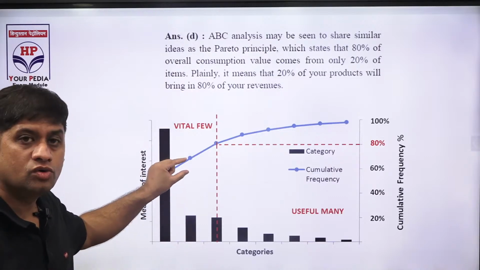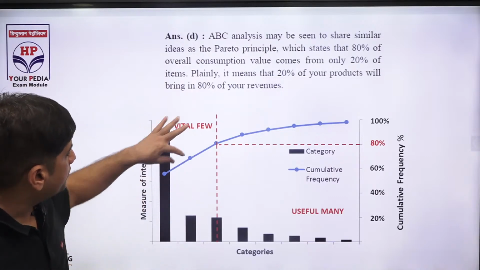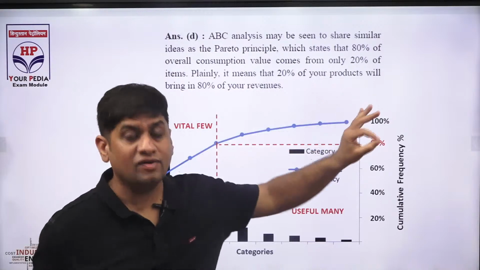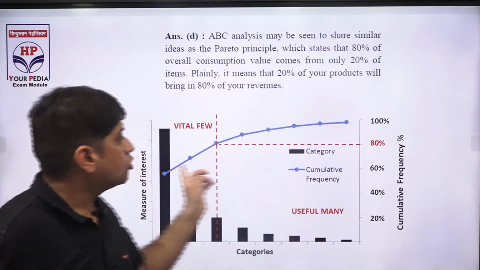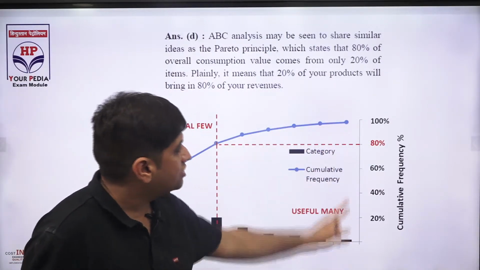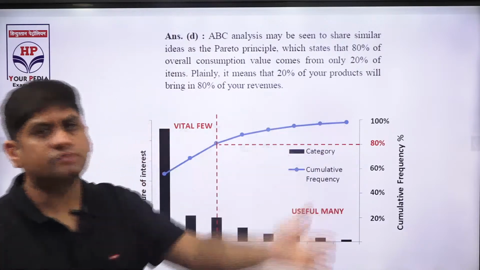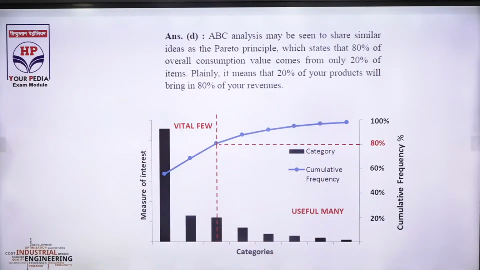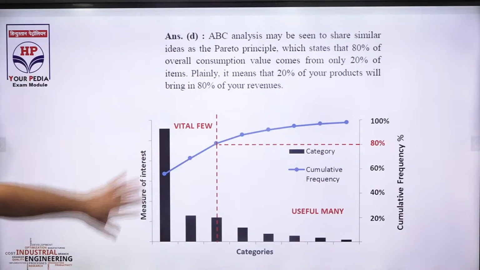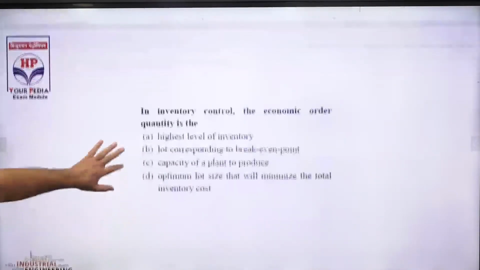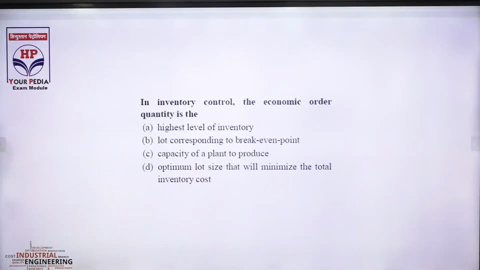Next 10 also gives you 10. So I will keep on accumulating, so that when I reach 100 here, I reach 100 here also. That is Pareto analysis. I'll discuss that later with you. That visualization will be done. Cumulative frequency it is.